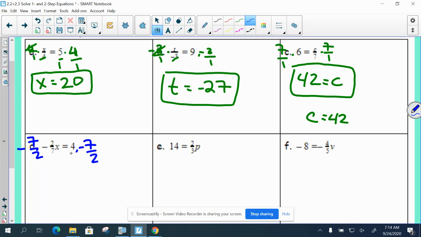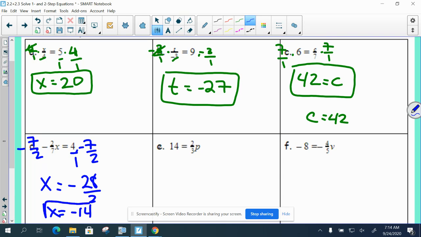And I'm going to put the 4 over 1 just because when I multiply a whole number by a fraction, I don't want to get the numbers mixed up when I multiply. So this would just turn out to be x equals, the negative sign carries out in front. 4 times 7 is 28 over 2, and then that reduces to negative 14.